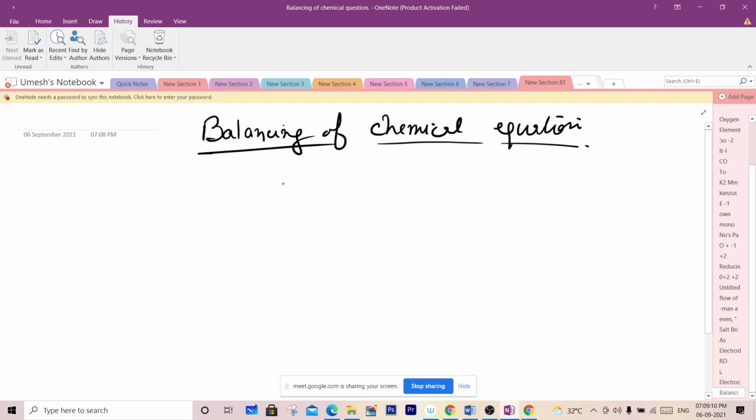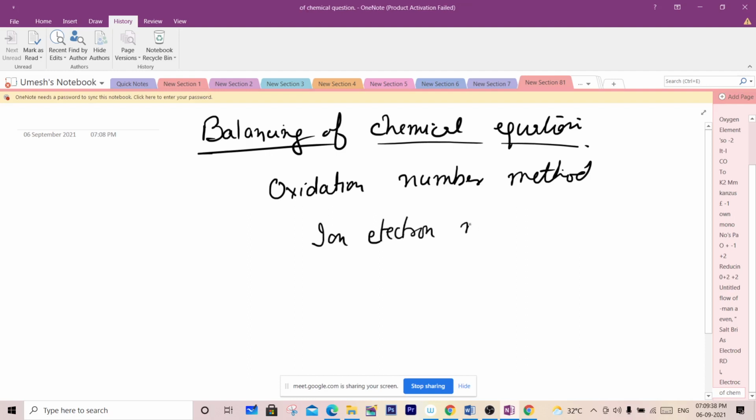This chemical equation is balanced by two methods. One is known as the oxidation number method, and the other is the ion electron method. Two methods are there: oxidation number method and ion electron method.